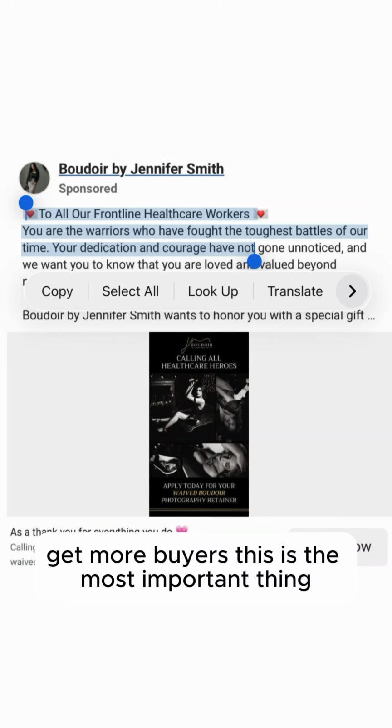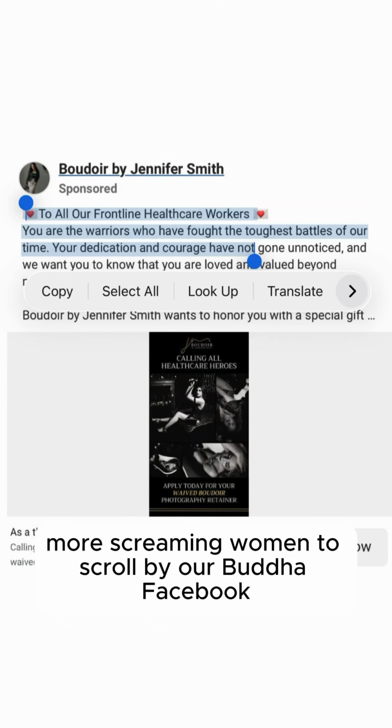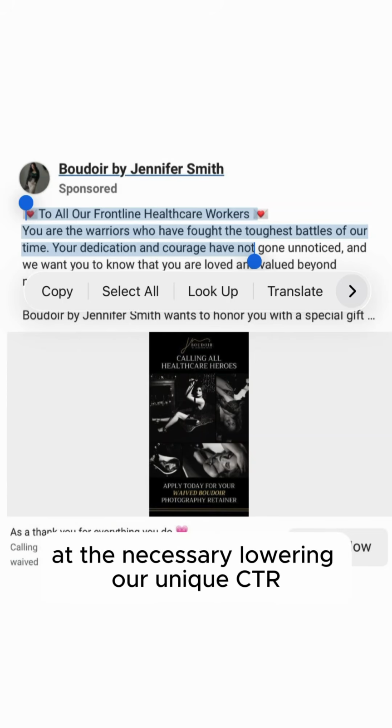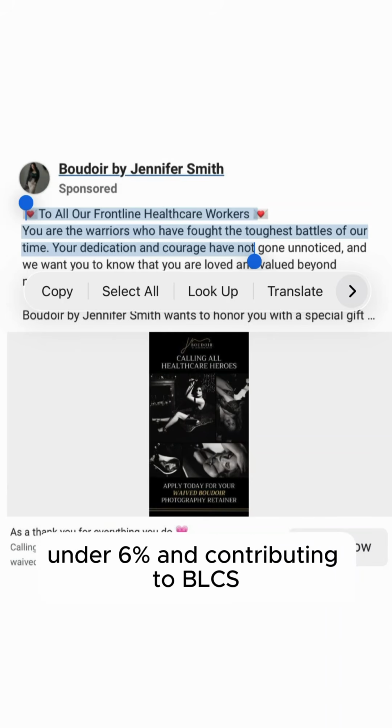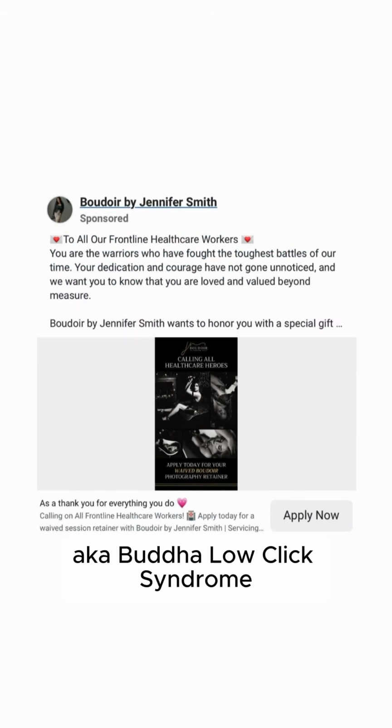This is the number one most important thing, to bring in more buyers. But what it actually causes is way more women to scroll by our boudoir Facebook ad than necessary, lowering our unique CTR all, bringing us under 6% and contributing to BLCS, aka boudoir low click syndrome.